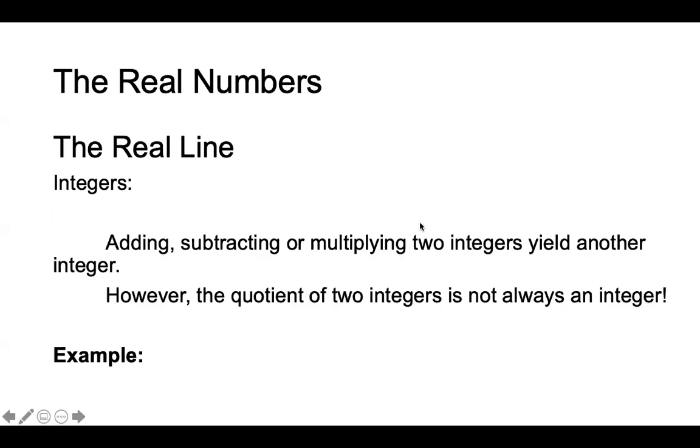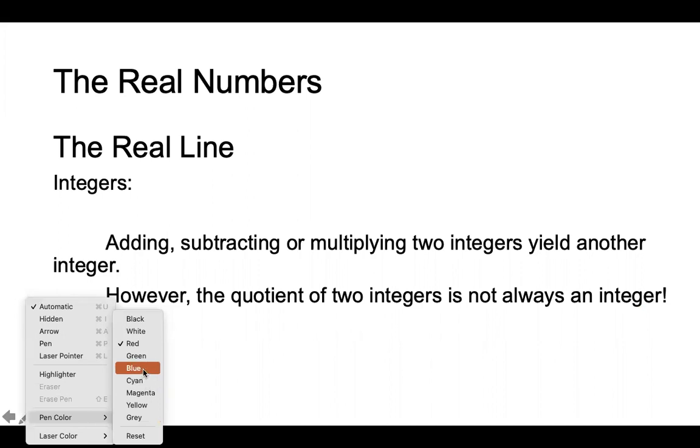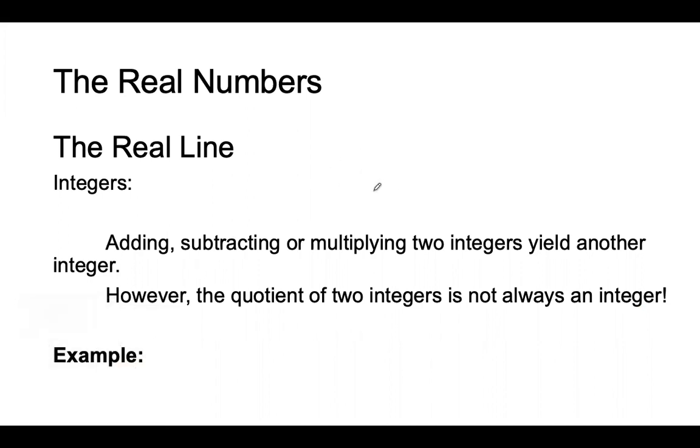So one of the most important properties of the real numbers are integers. We know that the integers have numbers such as 1, 2, 3, and we also have negative integers too, like -1, -2, -3, and so on, with 0 in the middle.